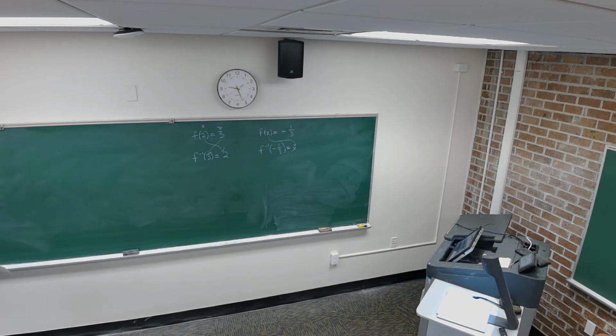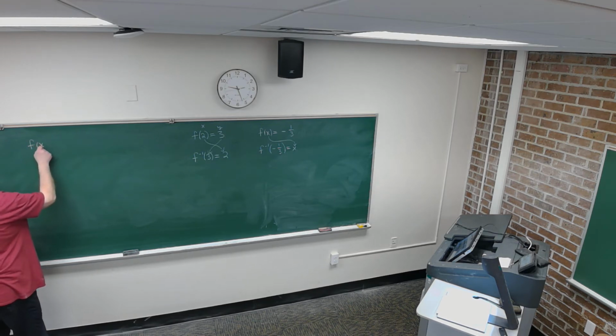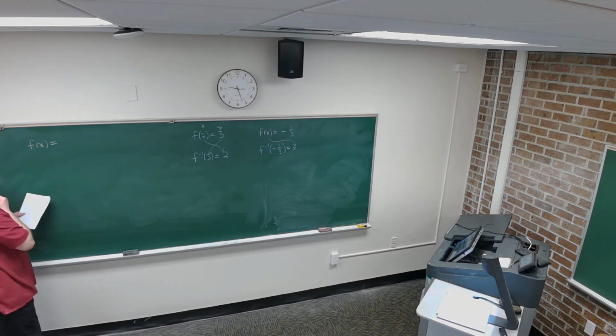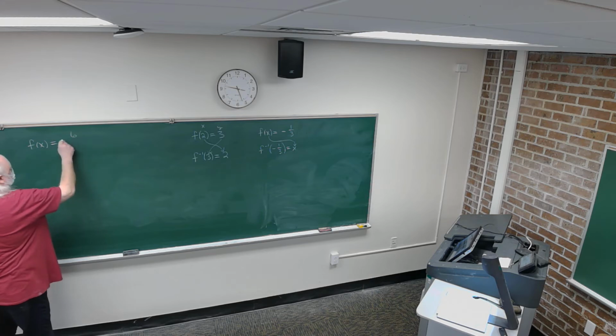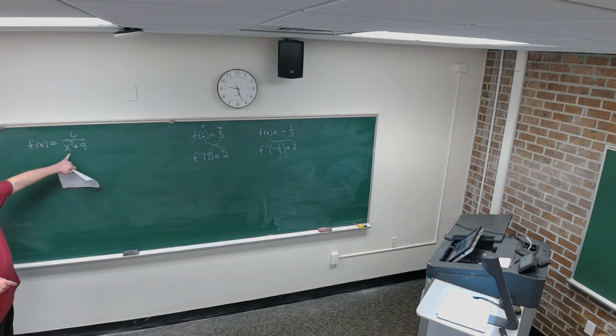All right. So we have f of x. We're given the one-to-one function f of x is equal to 6 over x cubed plus 9. But we know that for some value of x, this is equal to minus 1/3.